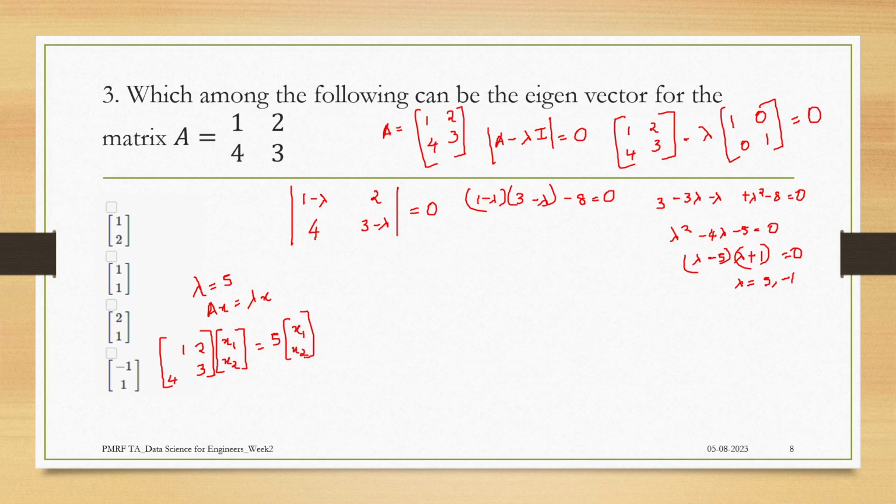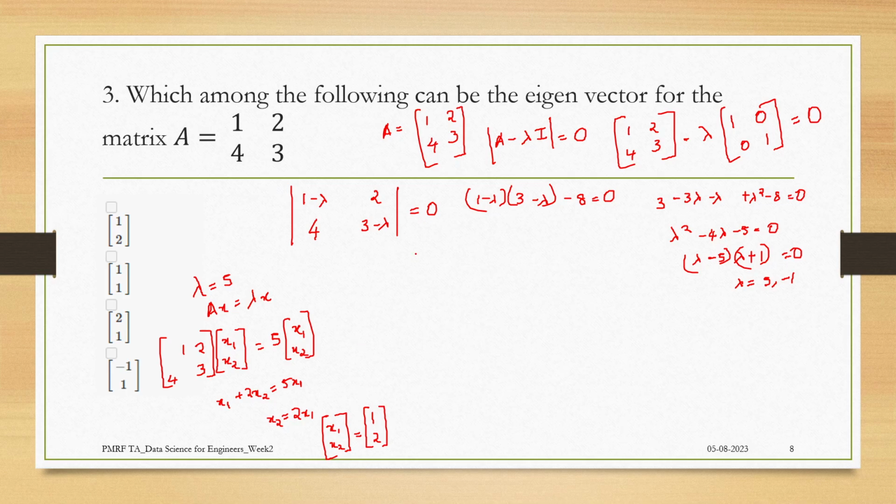If you solve for this, it will be x1 plus 2x2 equal to 5x1, and 4x1 plus 3x2 equal to 5x2. In both cases you will be getting x2 equal to 2x1. By that method, you can just say x1, x2 equal to 1 and 2. That is one of the cases.